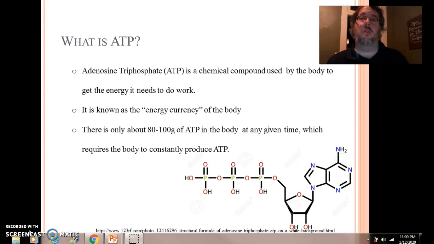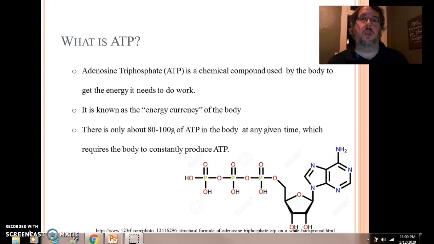And what is meant by this is that ATP is a source of energy that the body uses to do any activity. At any given time, our bodies have something about the equivalent size of a stick of butter, which, if you think, is not that much.